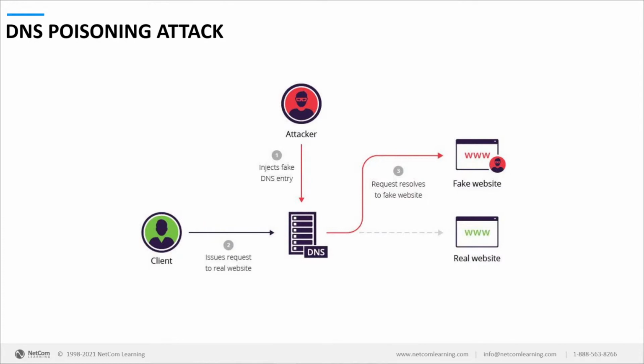Yeah. DNS poisoning. So usually the way DNS poisoning works, DNS works in a couple different levels. There is a host file usually right on your machine. That's the first thing your computer looks at.